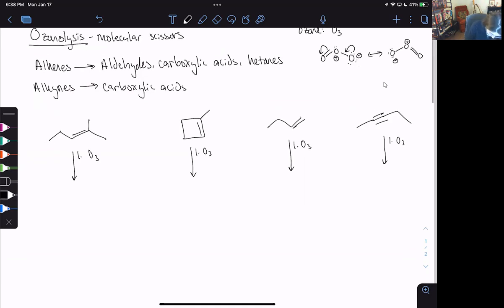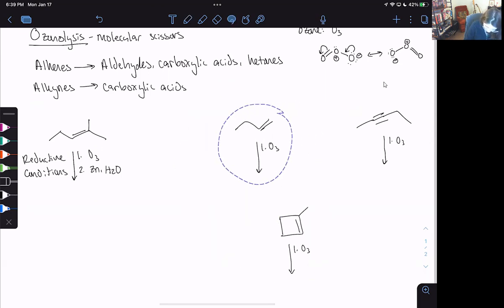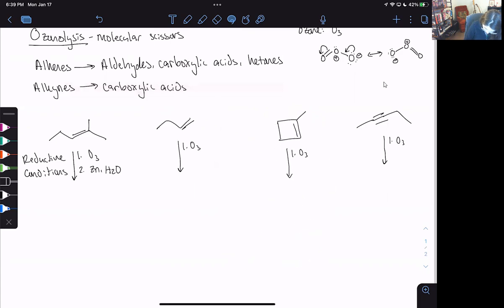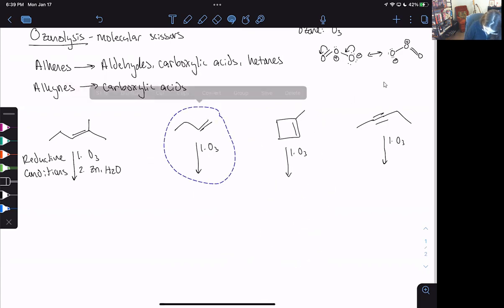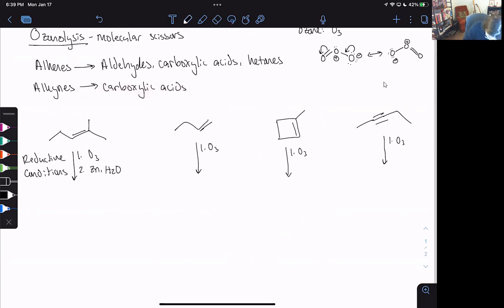If you do reductive conditions, then we could use zinc and water, or, and I should have switched these, we can use dimethyl sulfide, which is just as fun as it sounds.